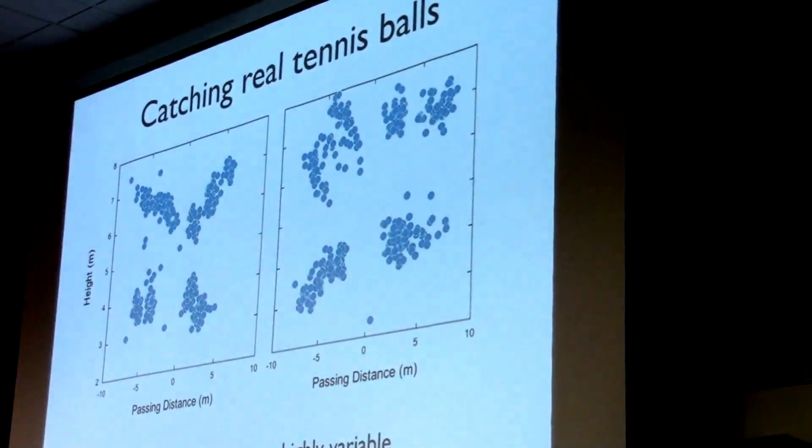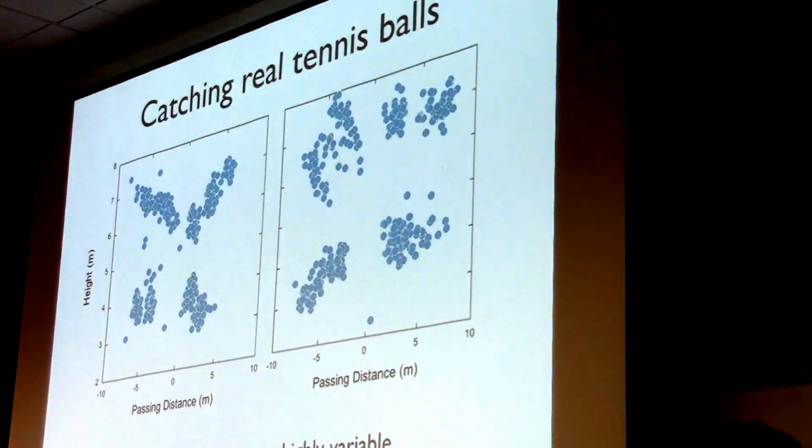So we'd like to do repeated measures ANOVAs because of the power of that type of analysis, but basically I have continuous variables. I have passing distance, I have height, I have distance, and those are all continuous variables. The alternative would be something like a multiple regression, but then I would lose the repeated measures, which would be powerful.